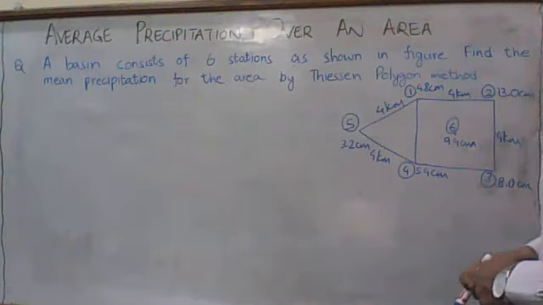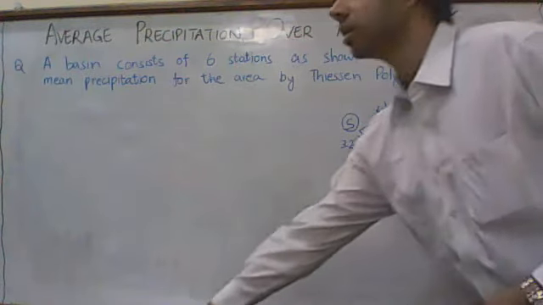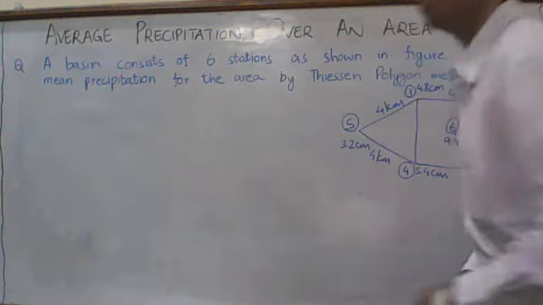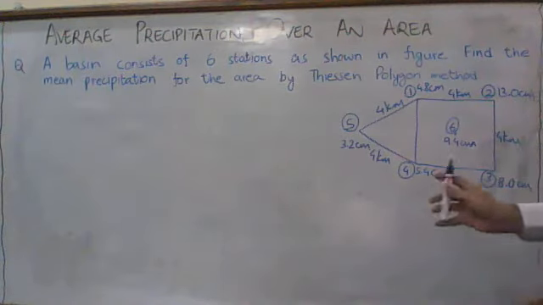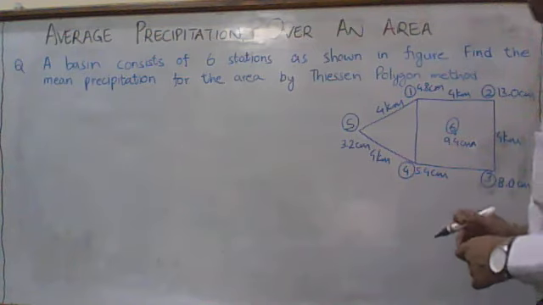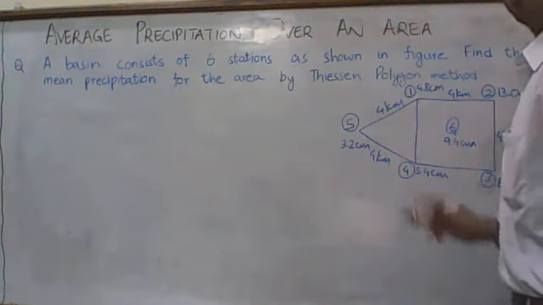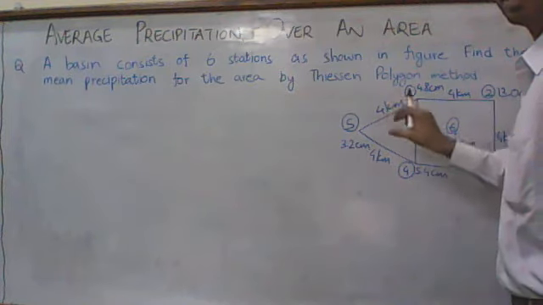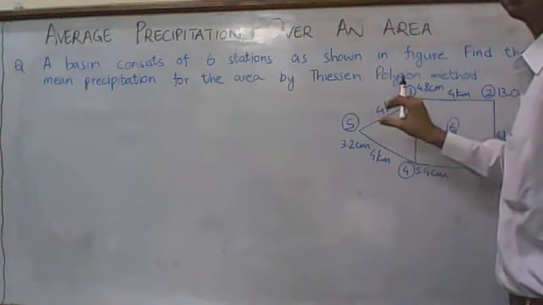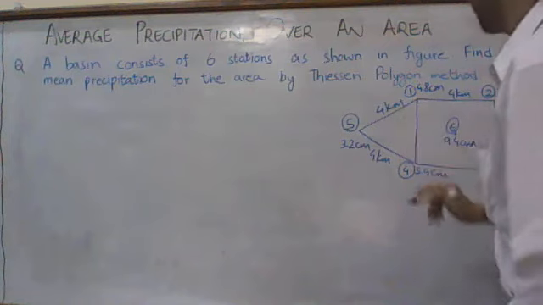Now, as I had told you before, you have to mark perpendicular bisectors to the sides of this area. Now, if you need to mark the perpendicular bisector of this triangle, how will you mark it? We know that the perpendicular bisectors of a triangle meet at one point, at its center.